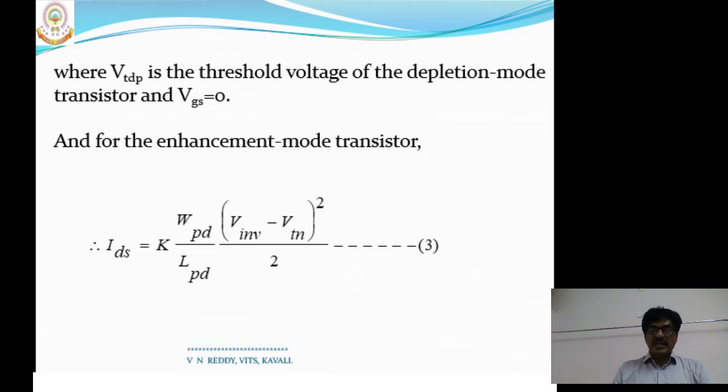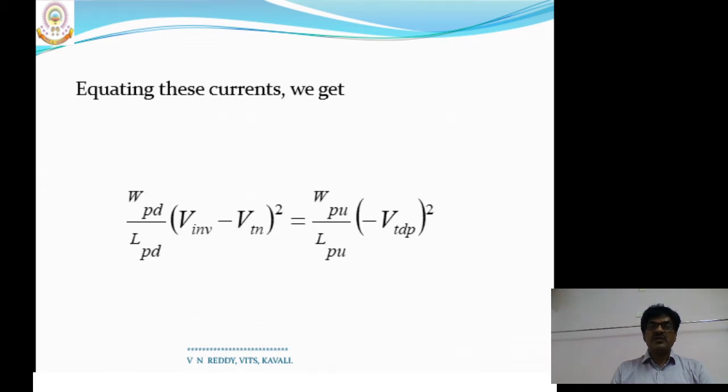Now, since the transistors are connected in series, the current is the same. Therefore, equate equations 2 and 3, and we get: WPD by LPD of (inverter threshold voltage minus VTN) whole square equals WPU by LPU of (minus VTDP) whole square.